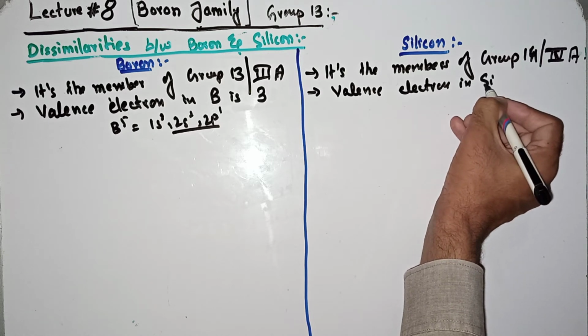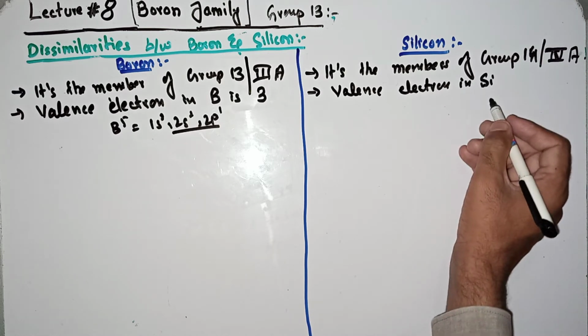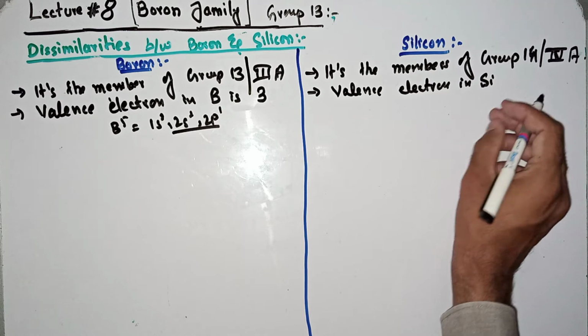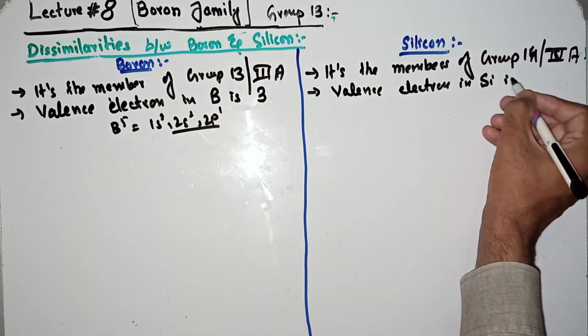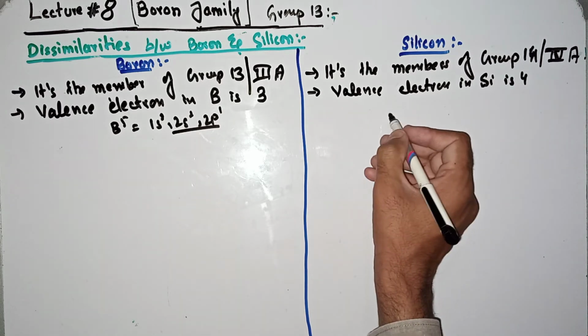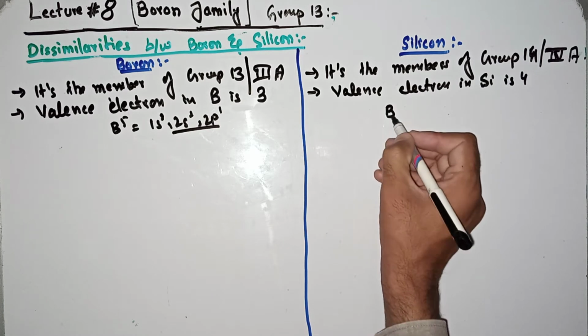But in silicon, denoted Si, the valence electron is 4.